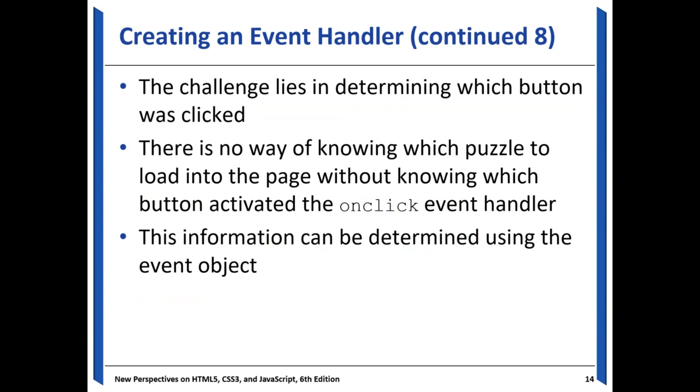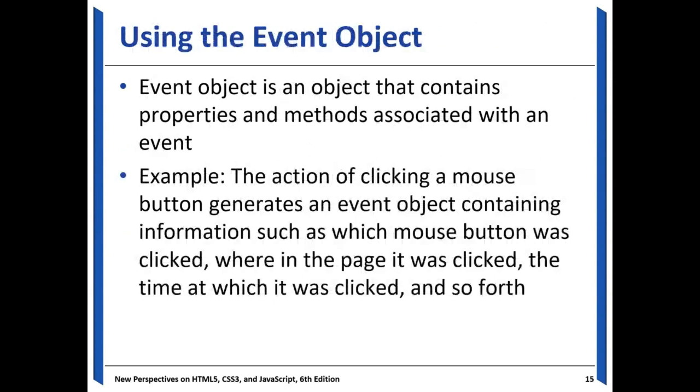We can use an event object to determine this. An event object is an object that contains properties and methods associated with an event. For example, when we click a mouse button, it's going to generate an event object. It contains information such as which mouse button was clicked, where on the page it was clicked, the time it was clicked, and so forth.